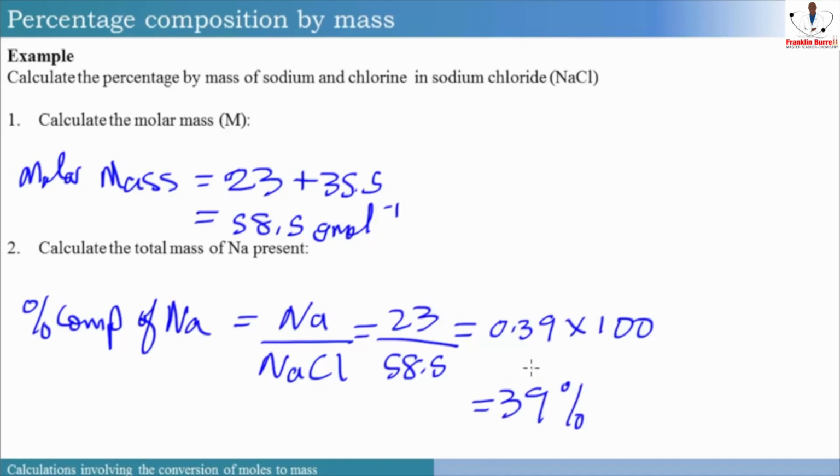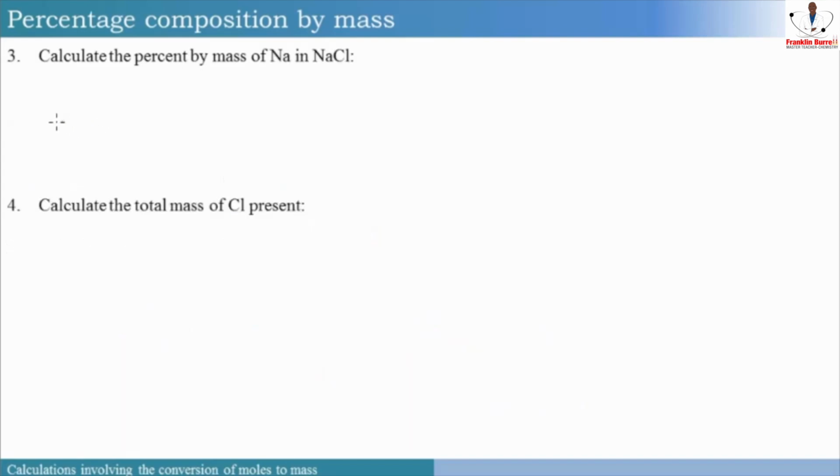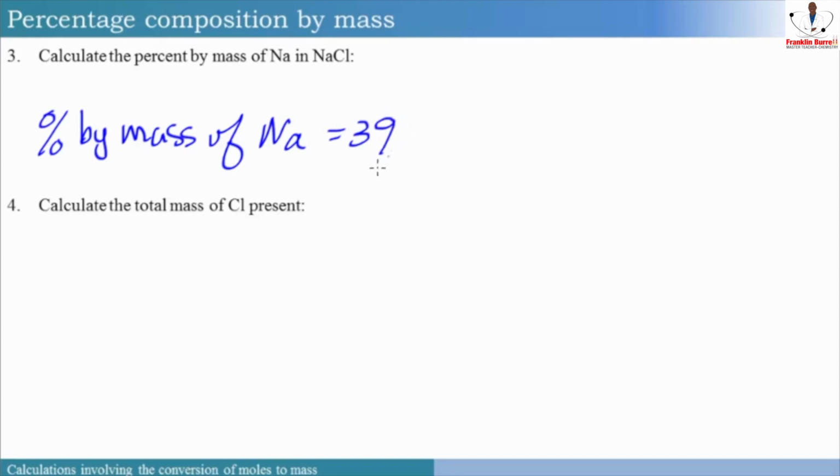Now, we can find the percentage of chlorine in the compound sodium chloride using the same principle. But this time we will have chlorine over sodium chloride times 100. So we know that the percentage by mass of sodium is equal to 39. Since it is out of 100, then we should get a percentage by mass of 61 for chlorine.